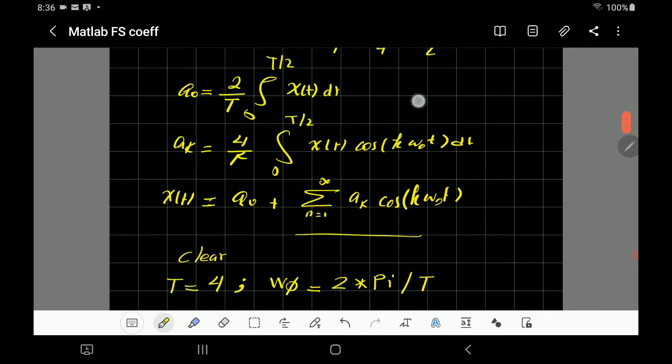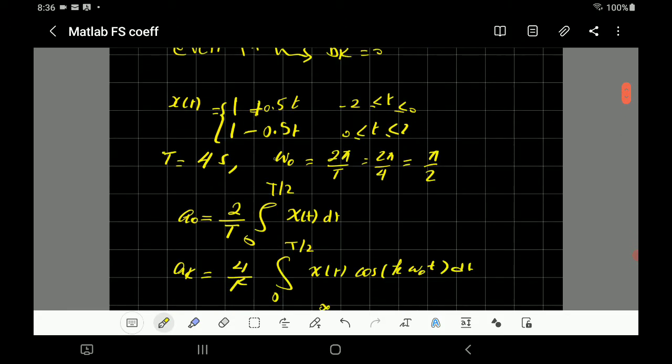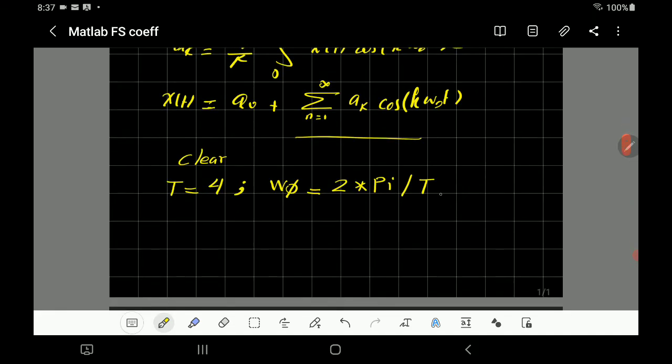I'm doing exactly what I did here for calculating omega, but I'm letting MATLAB do it. It's equal to 2 pi over T, semicolon, so it doesn't print. You can print it if you want.